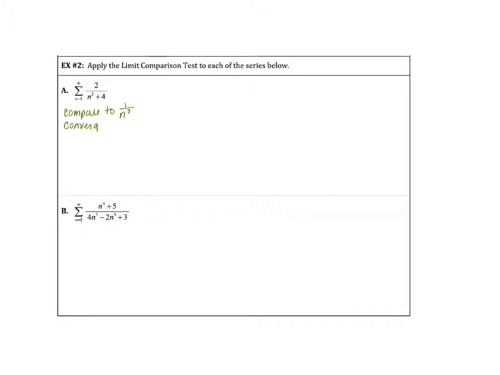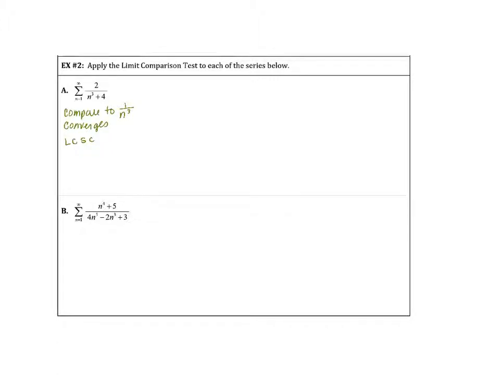So if we're talking about that, then we know LCSC, large converges, smaller converges. And it's very tempting to say that 1 over n cubed is bigger than 2 over (n cubed plus 4). And for a moment I thought it looks like it might be.